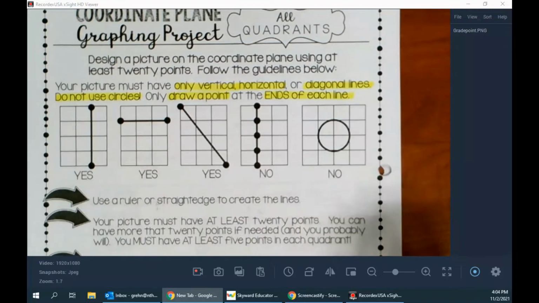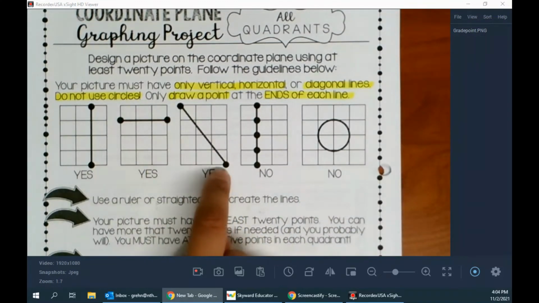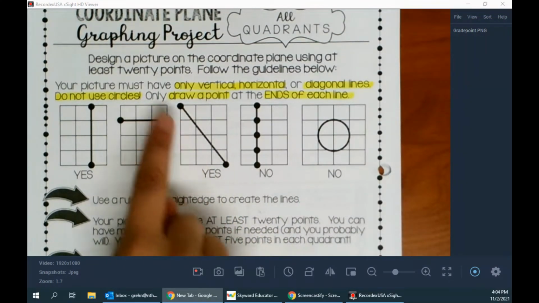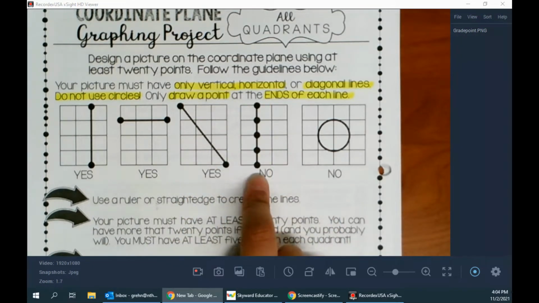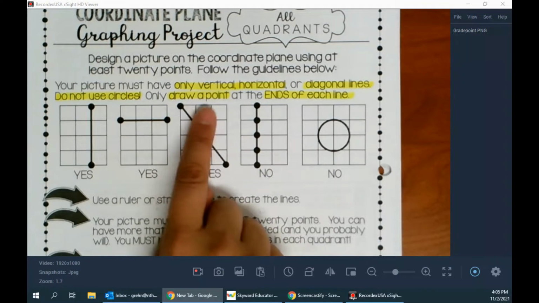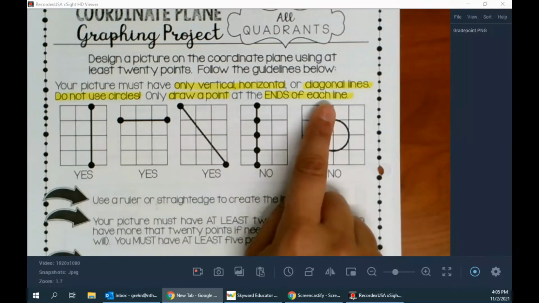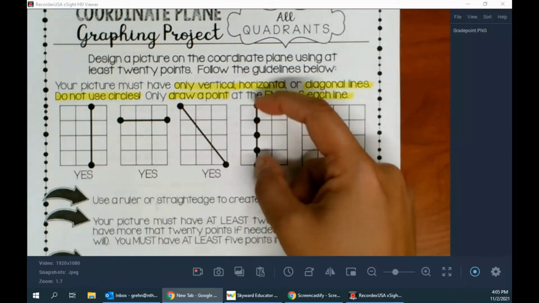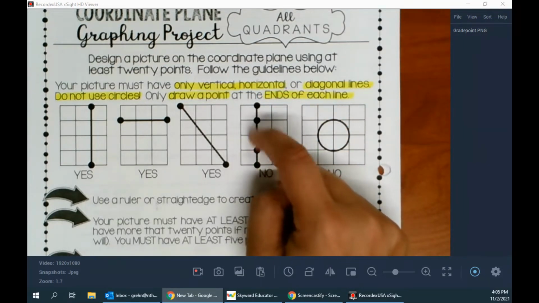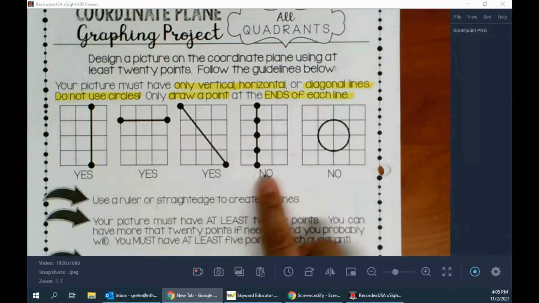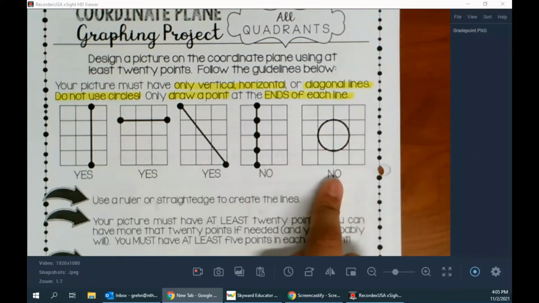Here we've got a diagonal line. That's fine, and there's points at the end of the line. This doesn't work here, and the reason is because it says draw a point at the ends of each line. We should only have a point at the end and at the beginning of the line. We shouldn't have these 3 points in the middle. And then lastly, you can't have curved lines or a circle.